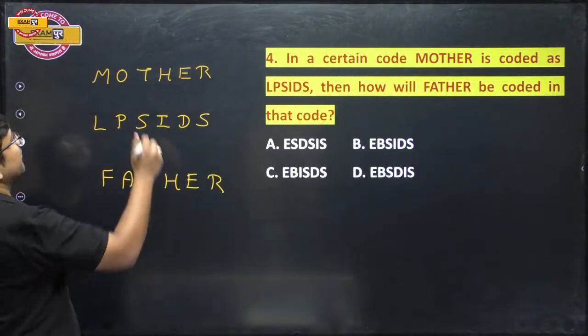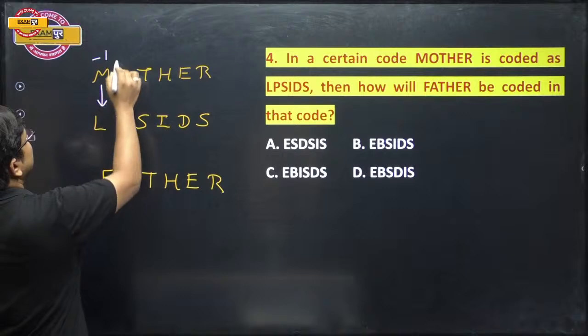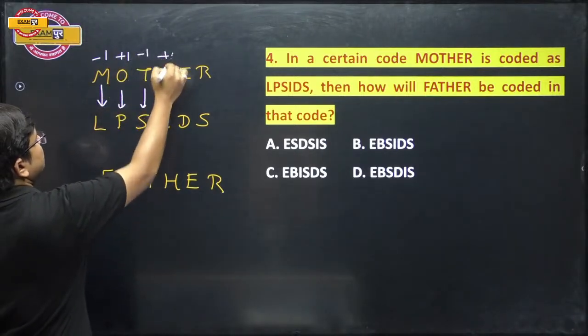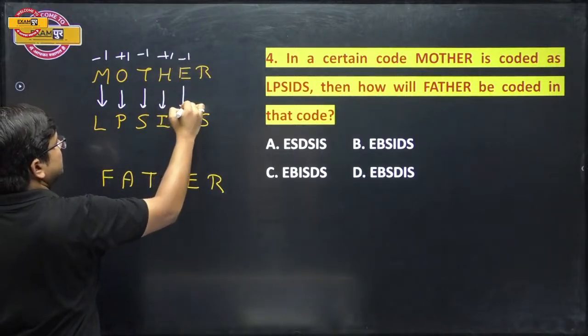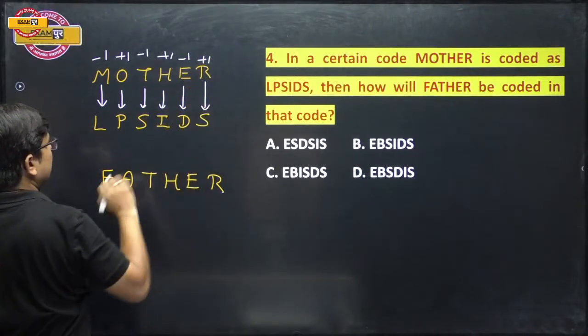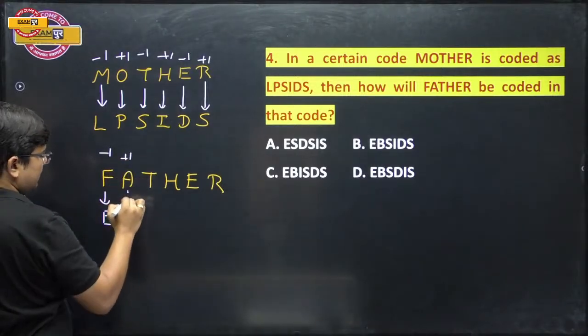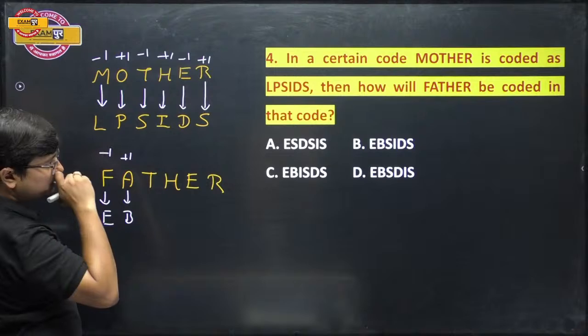What is happening over here? M minus 1 is L, O plus 1 is P. T minus 1 is S, H plus 1 is I. E minus 1 is D, R plus 1 is S. Okay, similarly, F minus 1 is E, A plus 1 is B. So answer must start with EB.